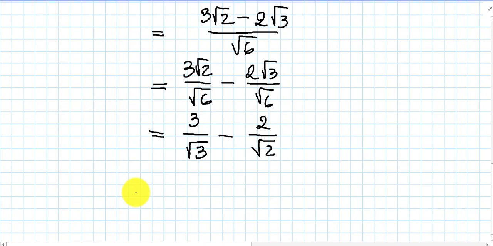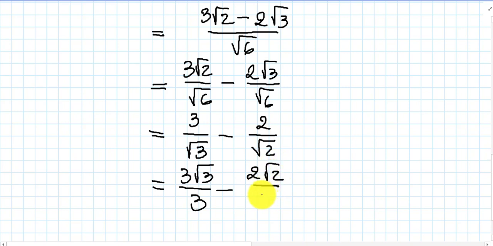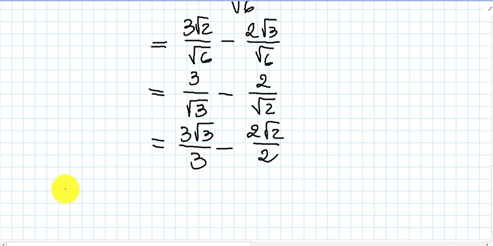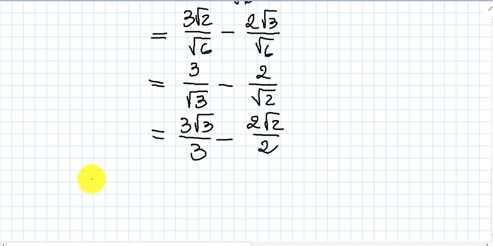And then we get 3 square root 3 over 3 minus 2 square root 2 over 2. And then we get square root 3 minus square root 2.